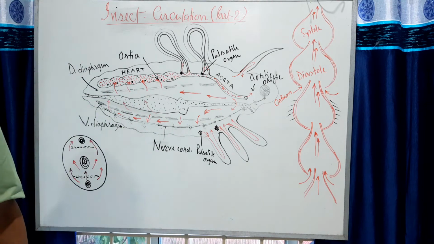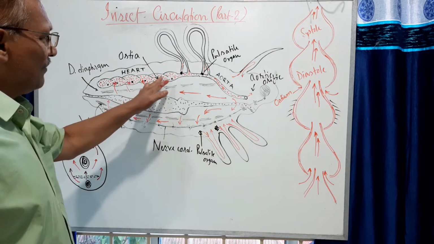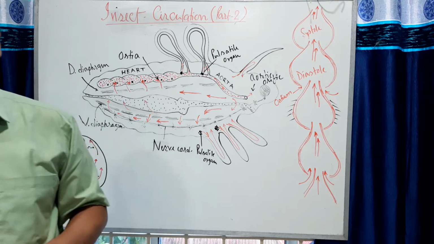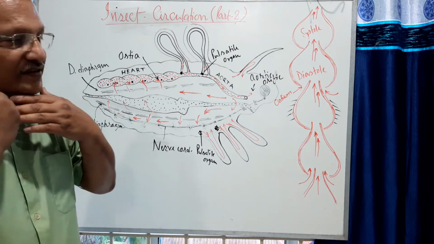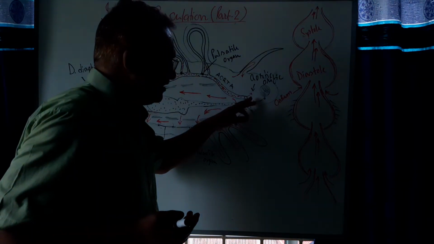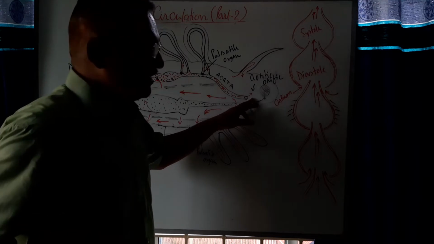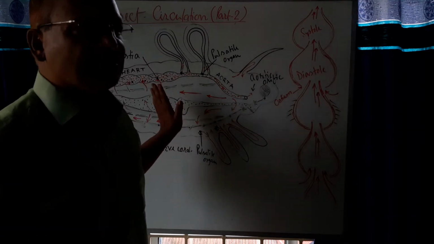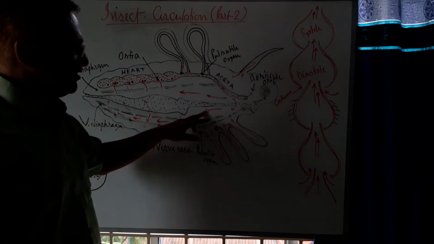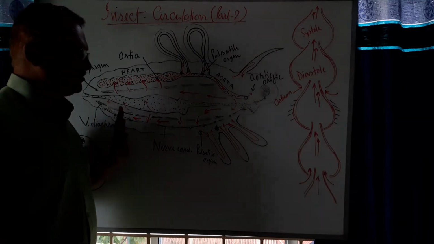So you see the hemolymph, after being discharged at the cephalic region, must be moved from the anterior to the posterior direction. First from the head to the thoracic region, next from the thoracic to the abdominal region.